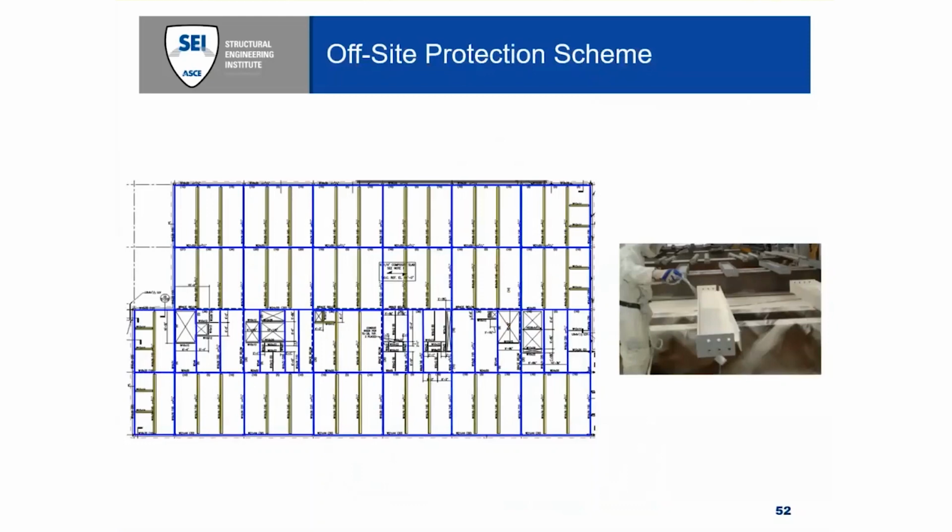So shown here is our applied protection scheme for a typical floor. The members shown in blue are designated to receive off-site applied intumescent coating. So this is where the protective coating can be applied with a high level of quality under controlled factory conditions. And we have a performance specification for this coating based upon our structural limit states.